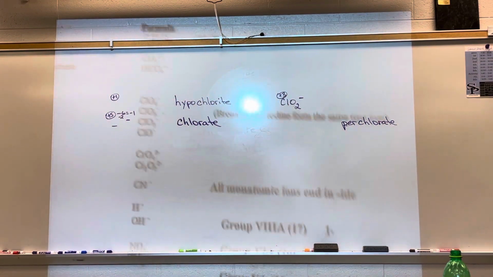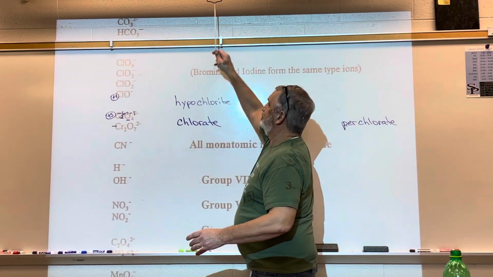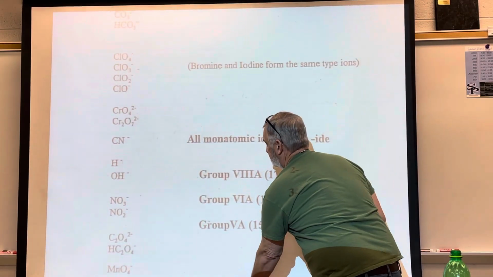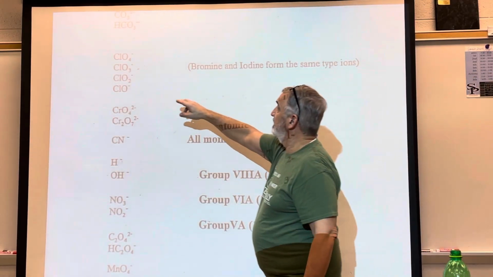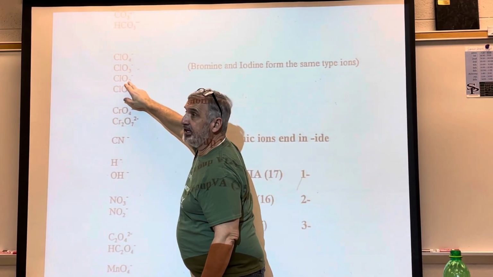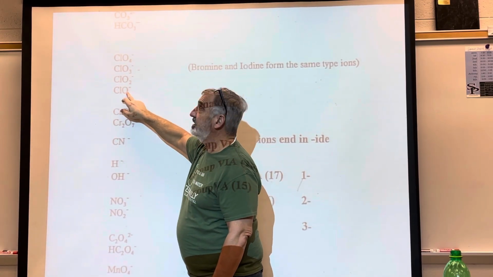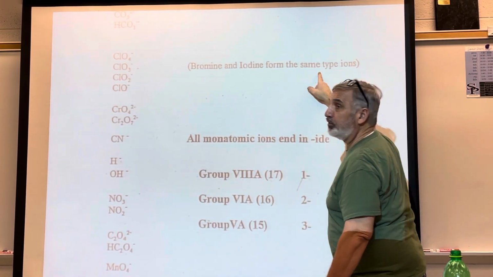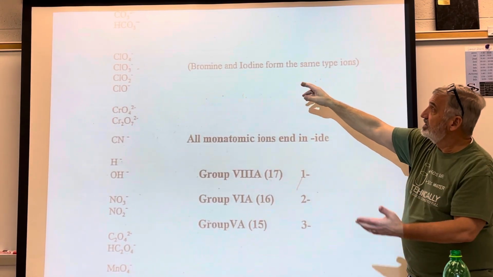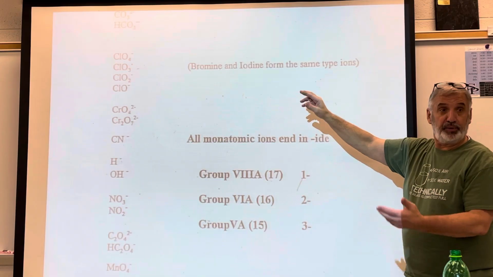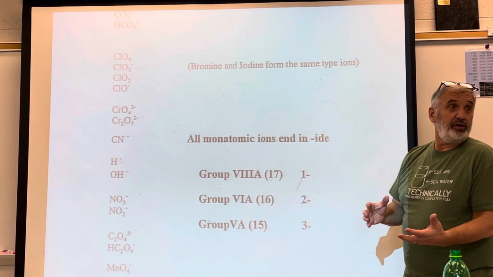Here's your chlorate, chlorite, perchlorate, hypochlorite. Bromine and iodine form the same type of ions. They're in the same family. So again, IO4 is going to be periodate. If you know the one, you can know them all.